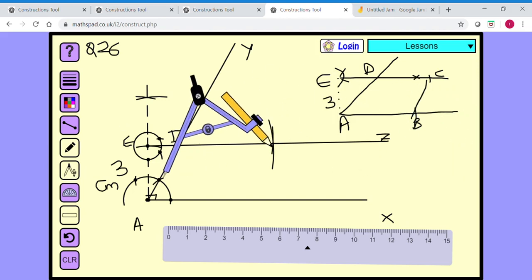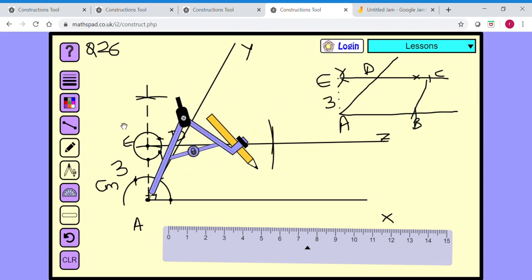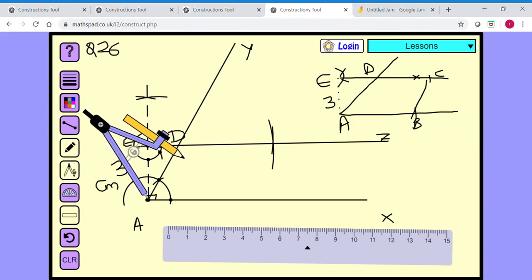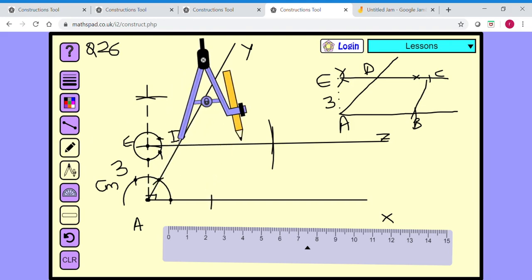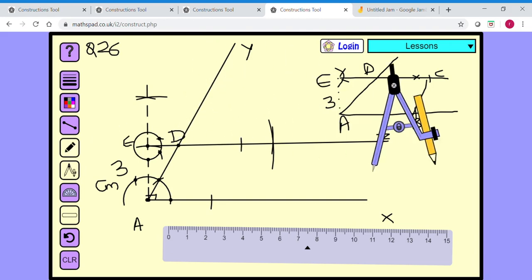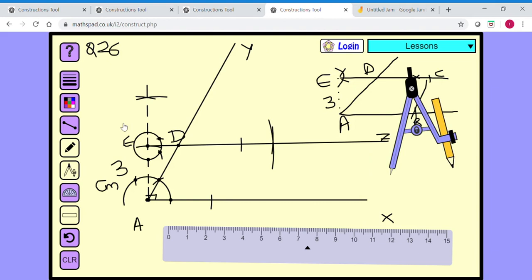Next step, I need to find B and C. I keep my compass on A and measure the length AD. Once I've measured the length AD, I cut my arc on AX. I pick it up, keep it on D and cut DZ. This will give me the remaining 2 vertices of my rhombus.